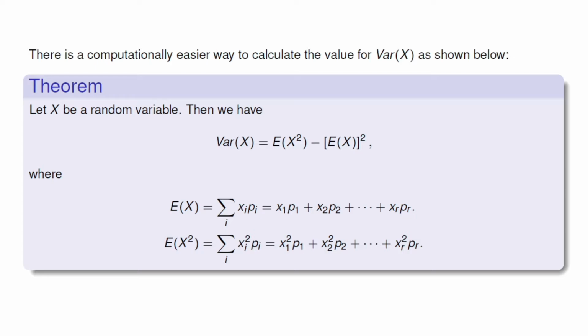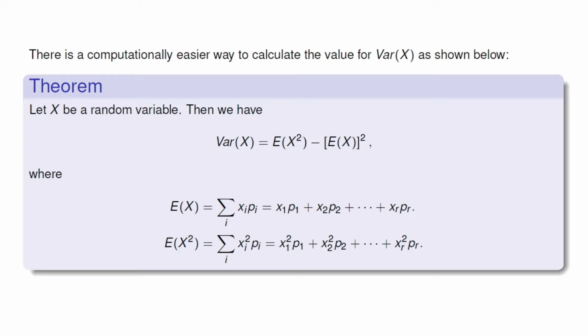The variance of X equals the expectation of the square of X minus the square of the expectation of X. In other words, the variance equals the expectation of the square minus the square of the expectation.